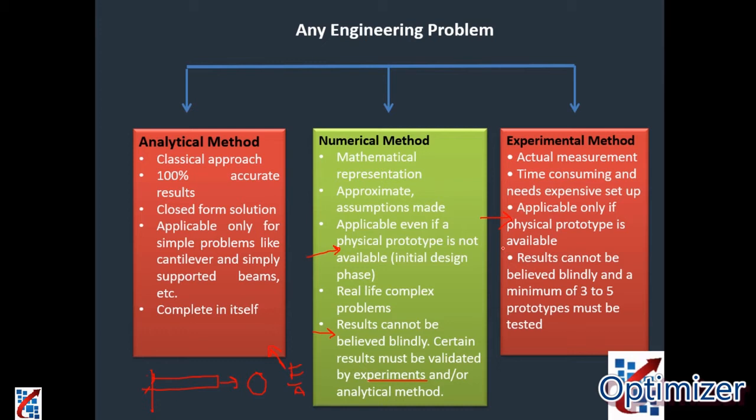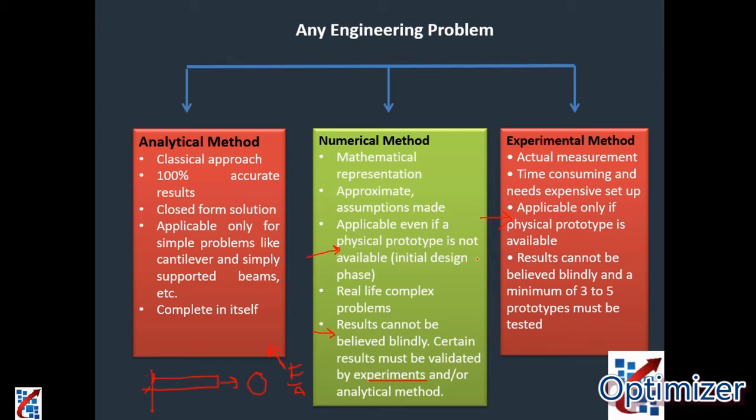You need to validate them, and after that, the numerical method is also applicable for any kind of complex problem. And the last one is the experimental method. Here any problem you can solve, but it requires a prototype, and it is very expensive and time consuming. So these are three different approaches with which you can solve any engineering problem.